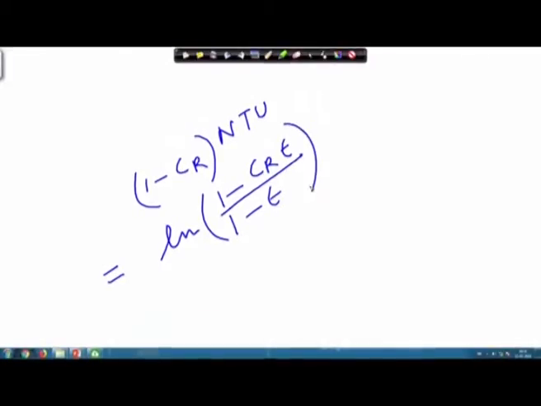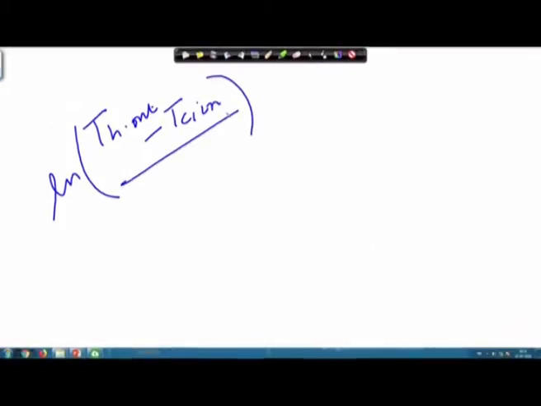So, how did we arrive at this configuration? On the right hand side we had this expression, and on the left hand side what we had is ln of (T_H,out − T_C,in) divided by (T_H,in − T_C,in).